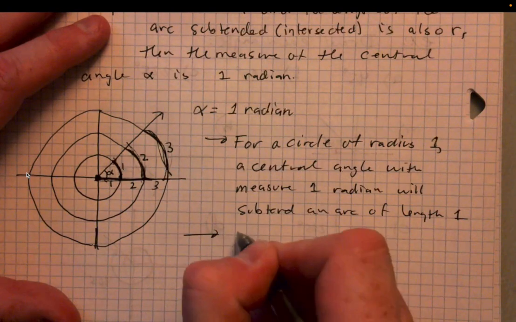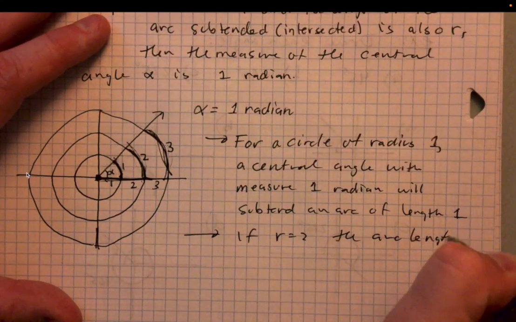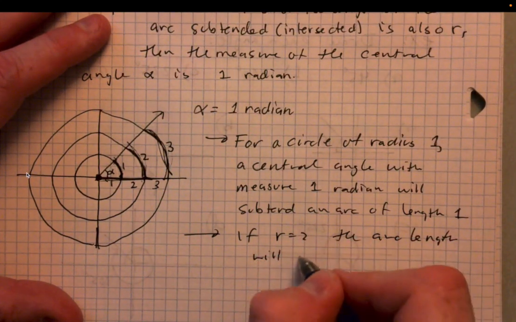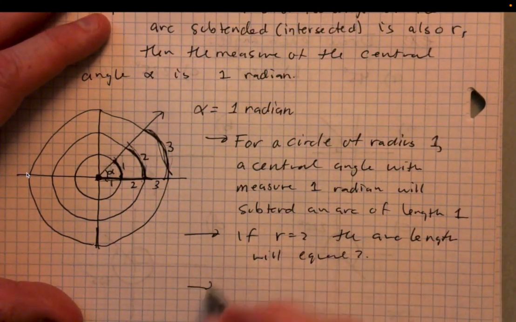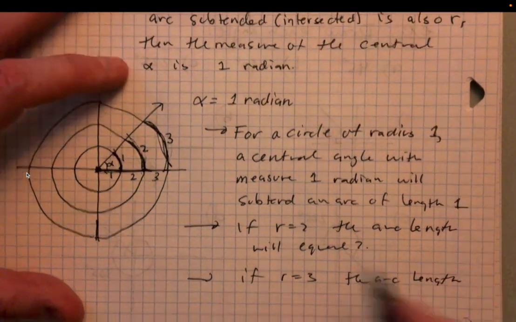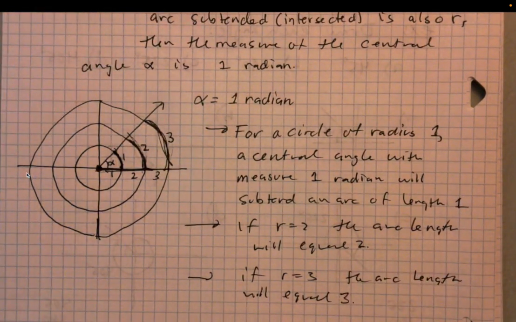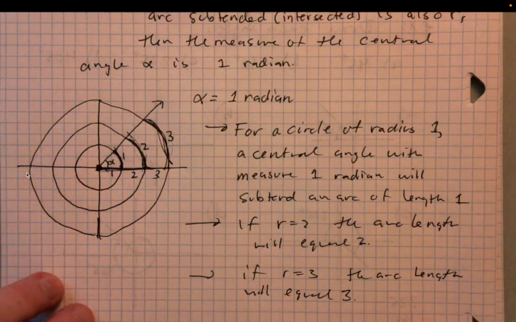So if r equals 2, the arc length will equal 2. If r is equal to 3, the arc length will equal 3. The length of the arc depends on the radius. If your angle is 1 radian, then the arc length will exactly equal the radius. Okay. Moving on.